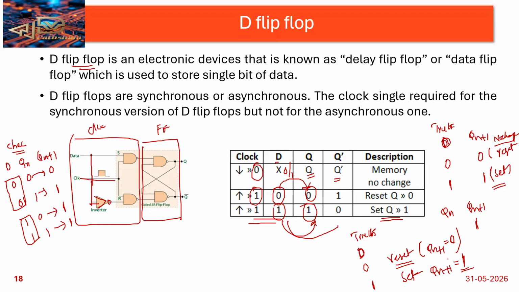So that's what we have written here. So this is 0 and this is 0. Qn plus 1 is also 0. If it is 0 or 1, we don't care about that. This is reset condition. Clear? Any doubt? This is set condition.